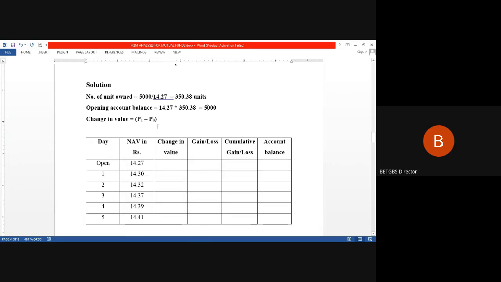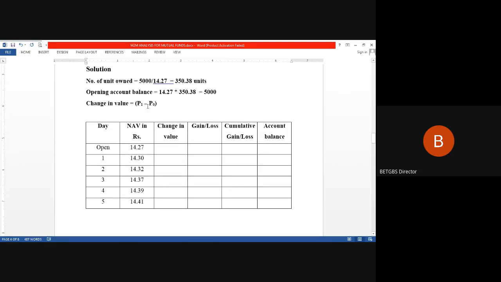Now the change in NAV we have to do accordingly. So it is P1 minus P0. So we make this schedule. Open is 14.27, so there is no change. Gain and loss, nothing is there. Cumulative gain or loss, nothing. Bring in the NAV M2M analysis for these 5 days. So it is 14.30 minus 14.27, so the change is 0.03.